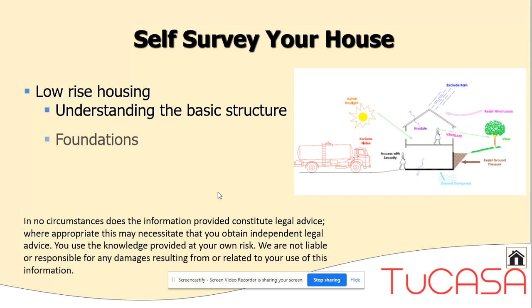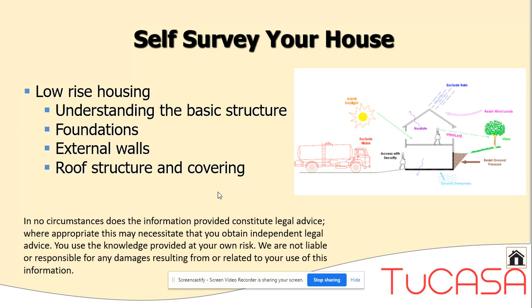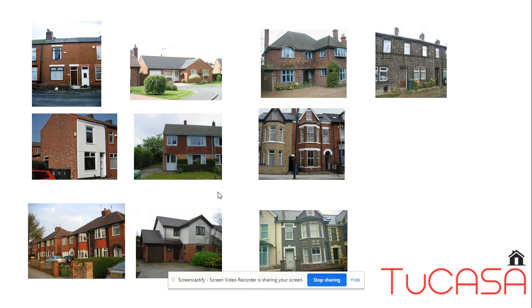So I'm going to deal in the next 30 minutes with an introduction to foundations, external walls, your roof structure and covering, and internal walls, but from the point of view of basic structural principles.